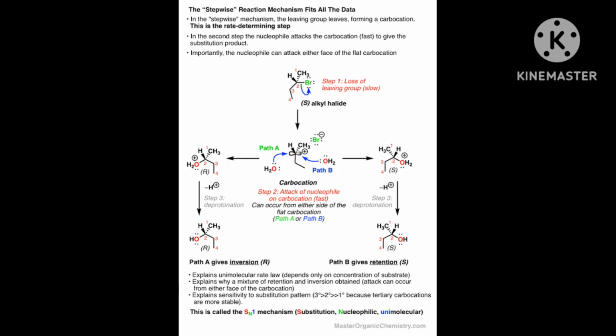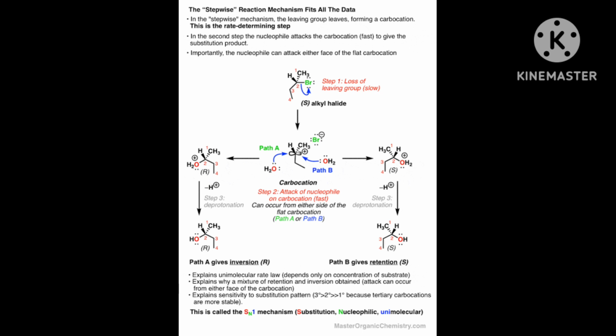Now suppose another H is replaced by another methyl group. Now it is becoming bulky. Only one hydrogen is remaining. Now the nucleophile will come with a little difficulty, because both methyl groups will hinder the approaching nucleophile.